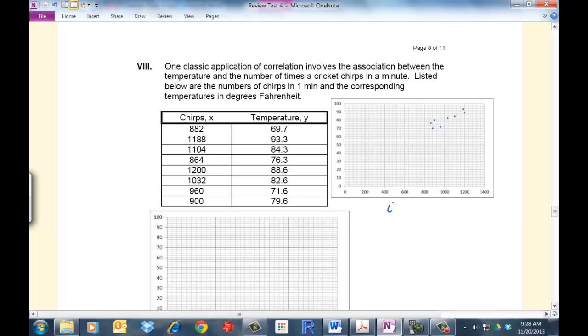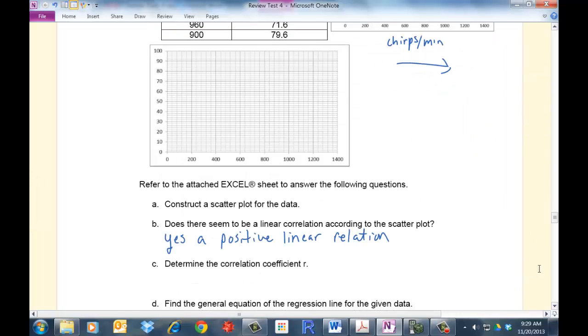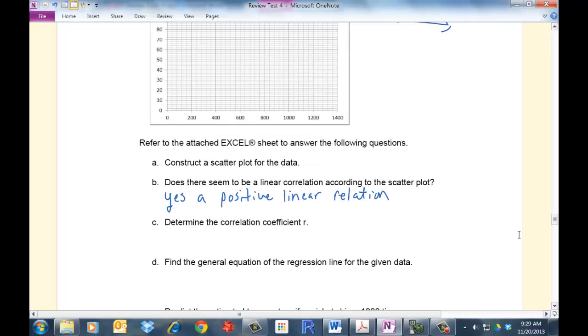So we've got chirps per minute, and then on the y-axis we've got degrees Fahrenheit. You can see that as the number of chirps goes up, the temperature tends to increase as well. So this is a positive linear relationship. And that's part B. Does there seem to be a linear correlation based on the scatter plot? Yes, a positive linear relation.